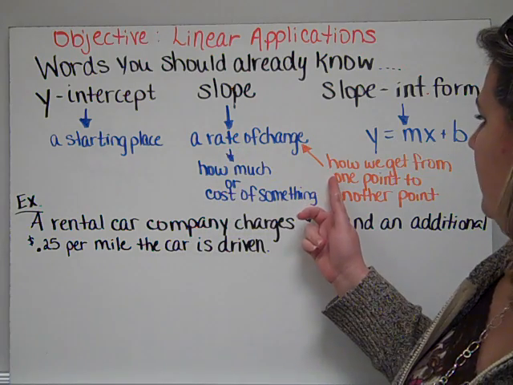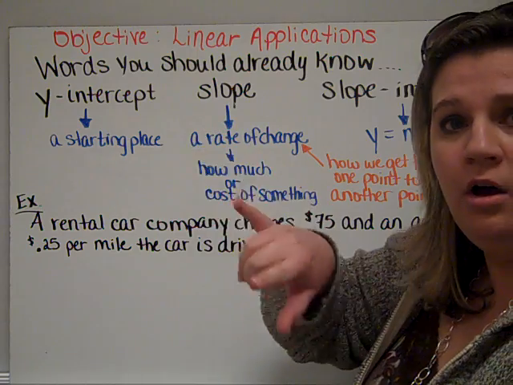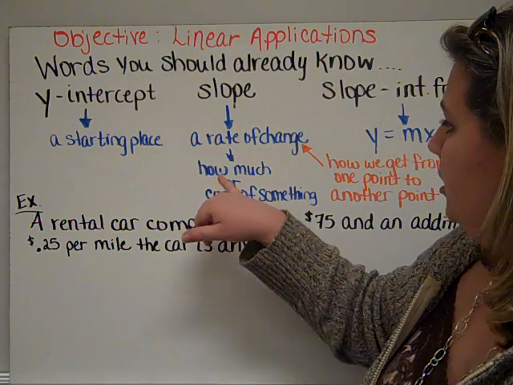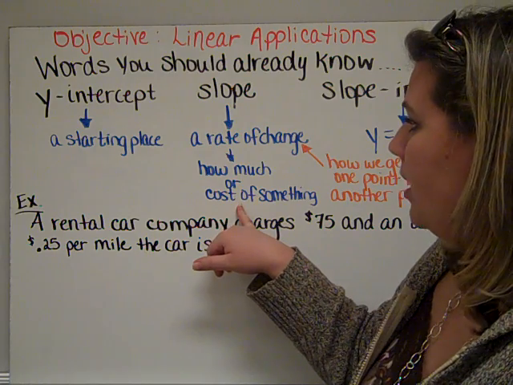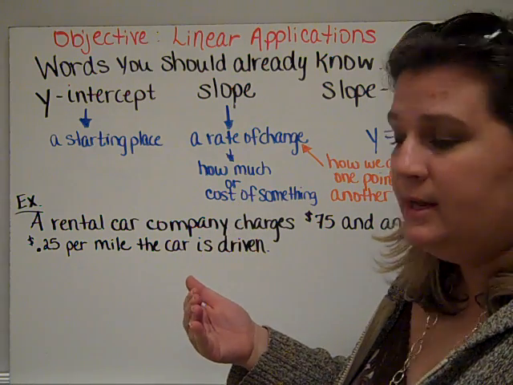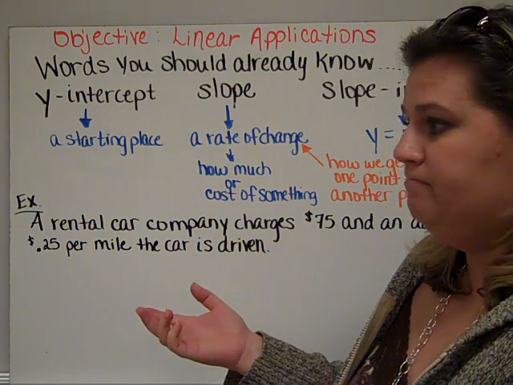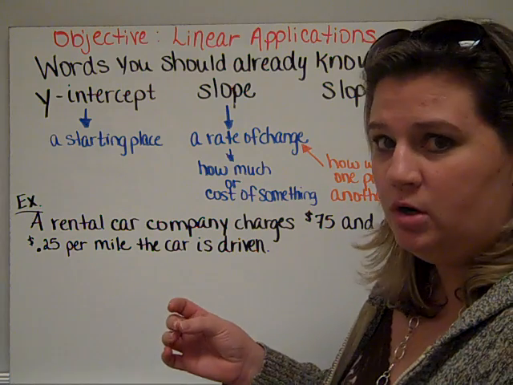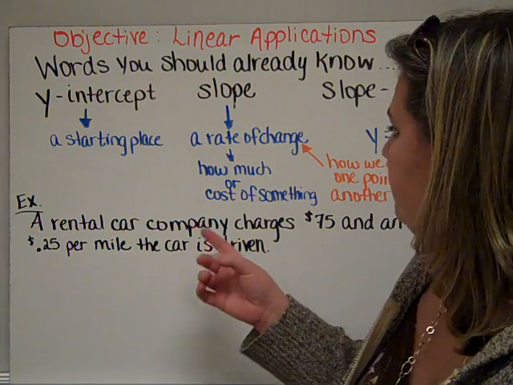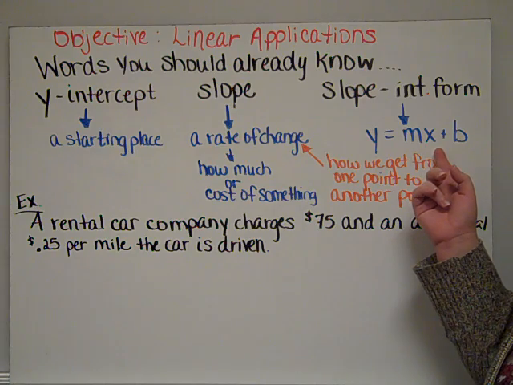We also know that is also how we go from one point to another point on a line. But now talking about with word problems, we know too that it is how much or the cost of something. It could be, per is a really key word when we get into the word problems. Okay. Slope-intercept form. We know that it's in y equals mx plus b.